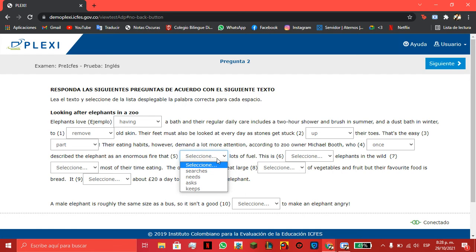So I think the right answer is needs because this lots of fuel is like the food of the elephant, and this verb needs in present simple came from the necessity of the elephant, so that's why I think this is the right answer.